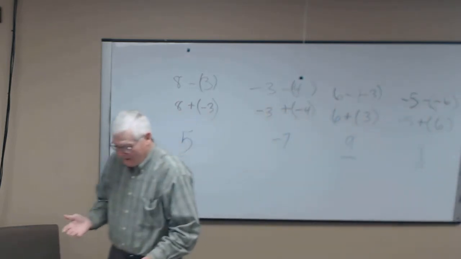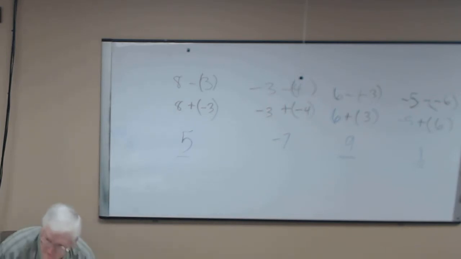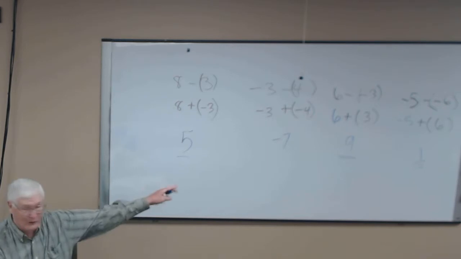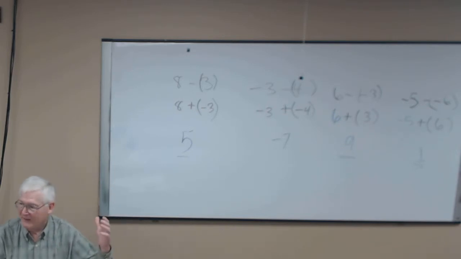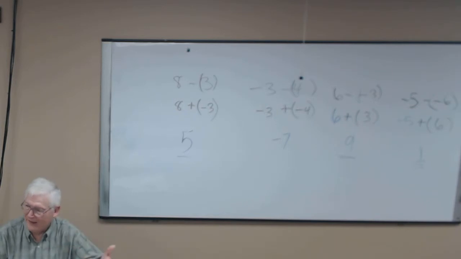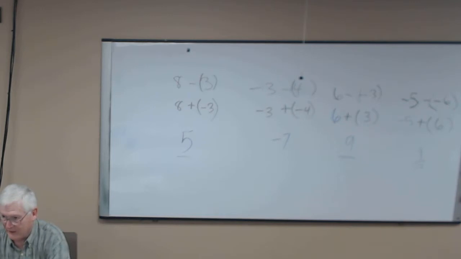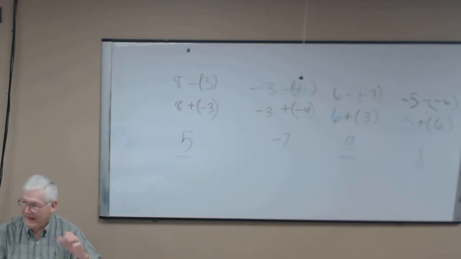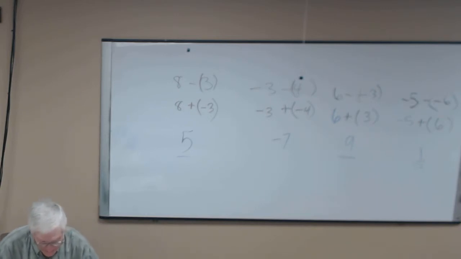Basically for some of them, you could do it in your head and get away with it. But for the 2 at the end, if you did those in your head, you'd probably make a mistake. So the book is just saying, get in the habit of practicing translating subtraction problems to an equivalent addition problem, which is adding the opposite. And then that'll keep you from making a mistake when you're subtracting integers.